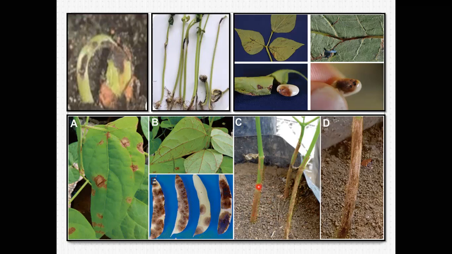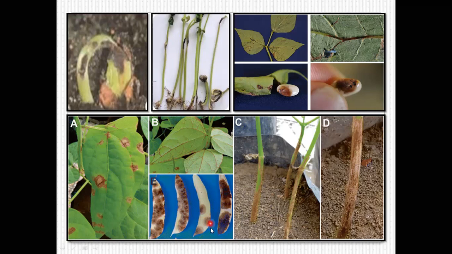These dark brown, irregular to circular lesions girdle the growing stem, so the infection spreads to the maximum portion of the stem. Then the infection finally reaches the pod surface.